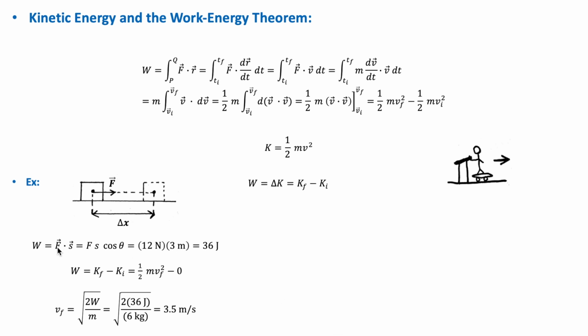So the net work done is equal to F dot s, which is equal to 12 times 3 cosine 0, equal to 36 joules. And this work is equal to the change in the kinetic energy of the block. Because it is initially at rest, the initial kinetic energy is 0. And from this, we get the final velocity as the square root of 2 times work over mass, which is equal to 3.5 meters per second.